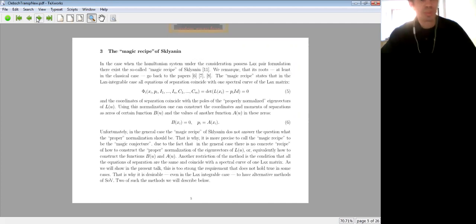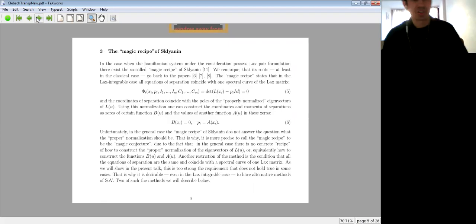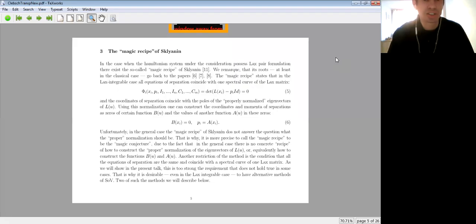Let me now describe the state of the art in the subject. And first of all, I will say a couple of words about the well-known magic recipe of Skrypnyk. This magic recipe is connected with the case when our Hamiltonian system under consideration possesses a Lax-pair formulation.